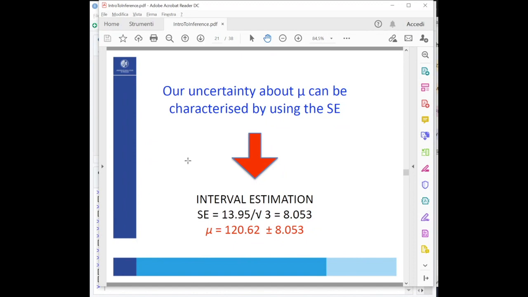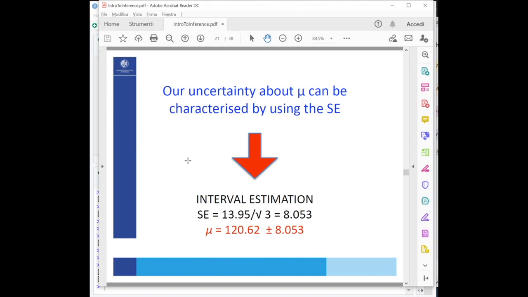Of course, say if we have a standard deviation of 12, and if the standard deviation is 1, the standard error is much smaller. So our uncertainty interval is smaller. And if we have a higher number of replicates, so if we have 6 replicates instead of 3, you see, we divide by the square root of 3.